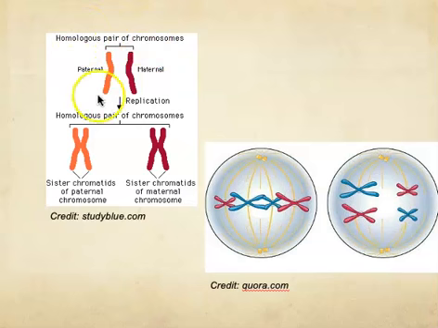Now we're going to send this parent cell into the process of cell division, into the cell cycle. It's going to go through G1, it's going to go through S, and its DNA is going to get replicated. That means each one of these individual chromosomes is going to get copied.